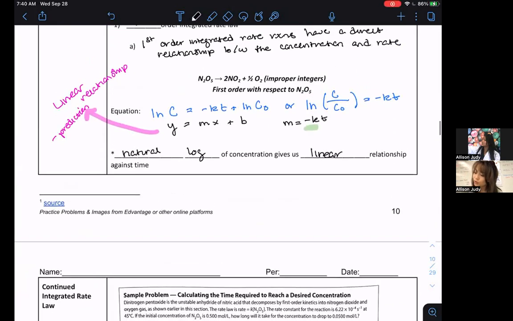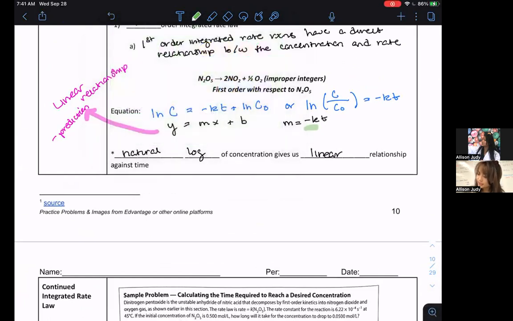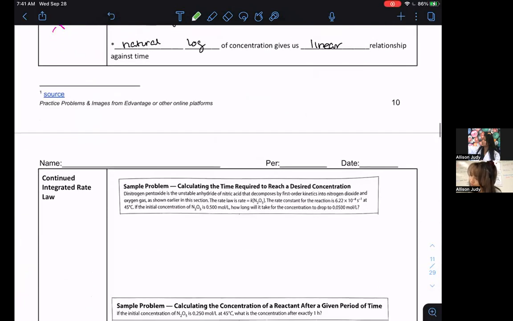We really have only one reactant, right? So our original rate law expression has one reactant. That's why our rate looks so simple. The rate constant for the reaction is 6.22 times 10 to the negative fourth per second. Okay, those are the units for a first order reaction.